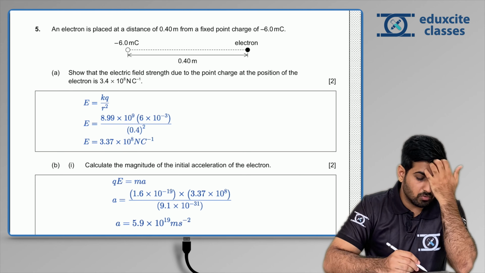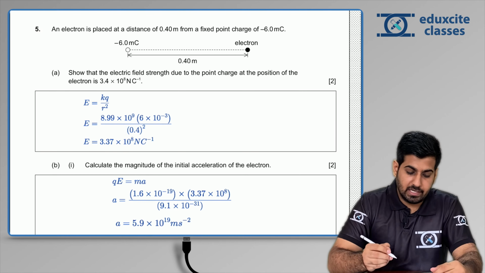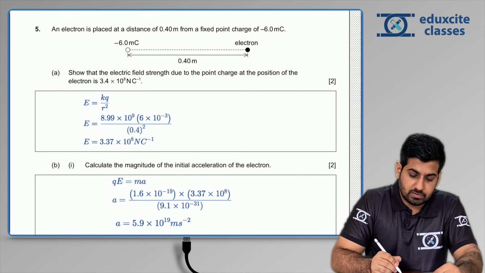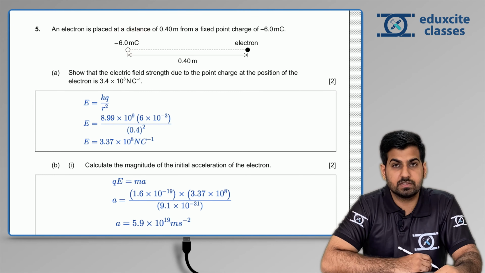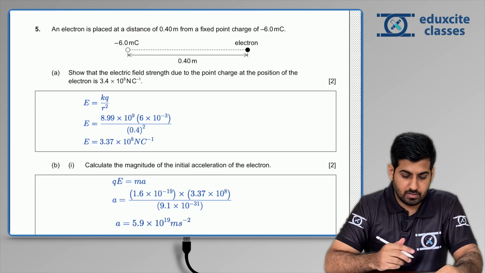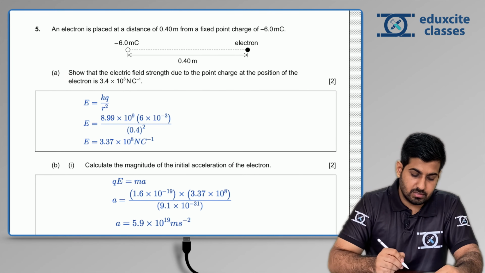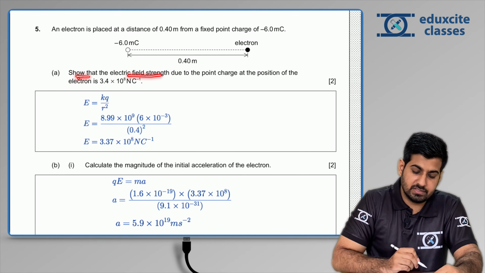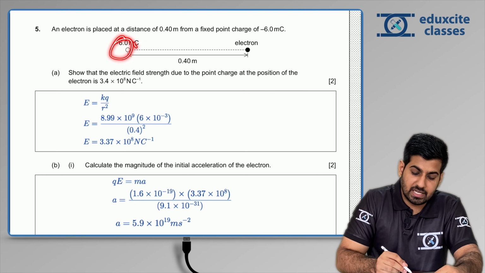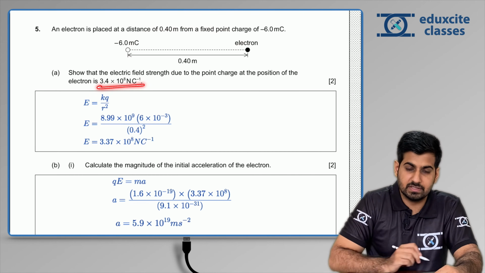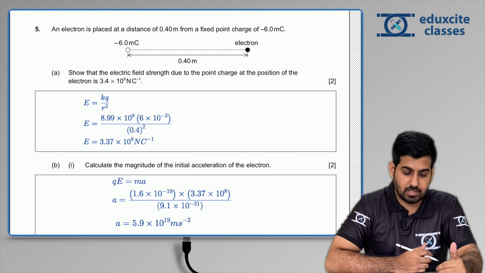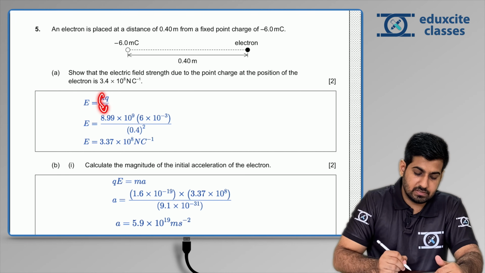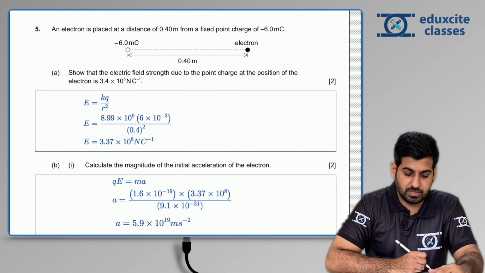Okay, now question number 5. An electron is placed at a distance of 0.4 meter from a fixed point charge of minus 6 millicoulomb. Show that the electric field strength due to the point charge at the position of electron is this. We know the formula of electric field, that is kq by r square. k is 8.9, this is also mentioned.